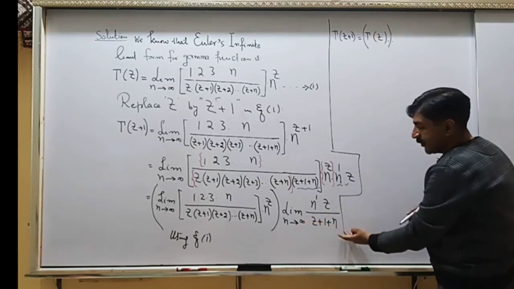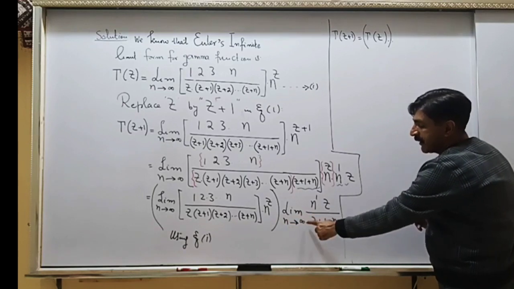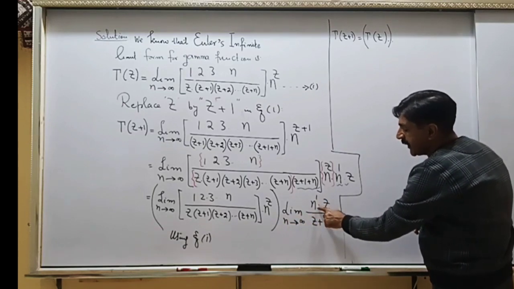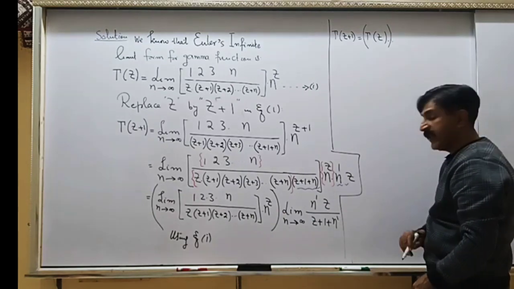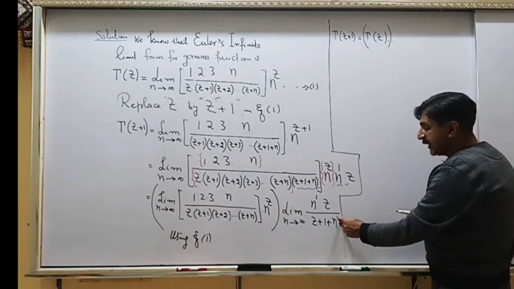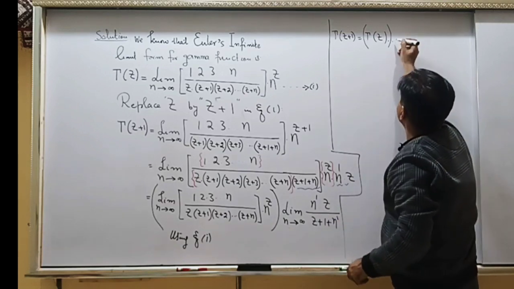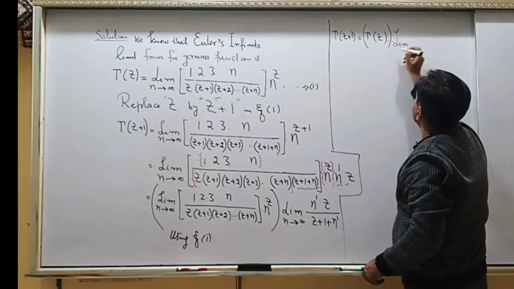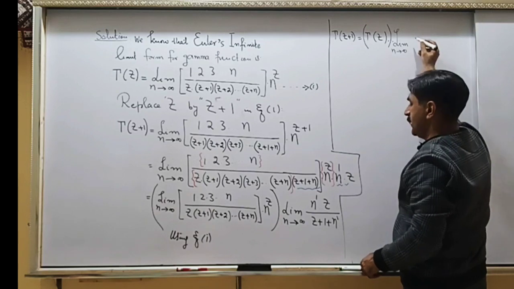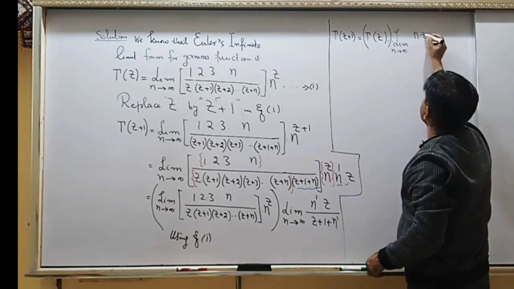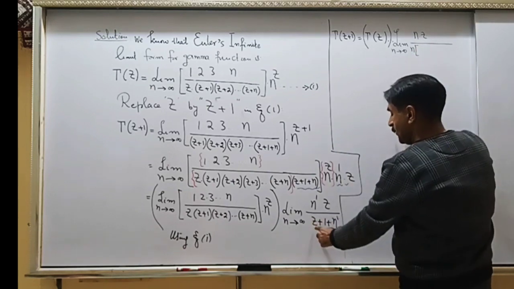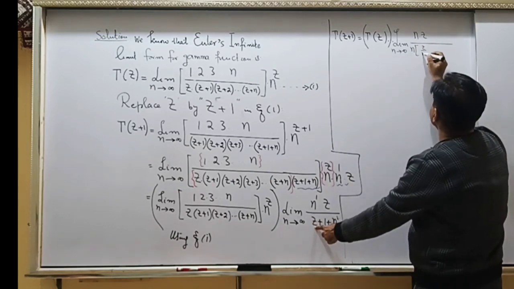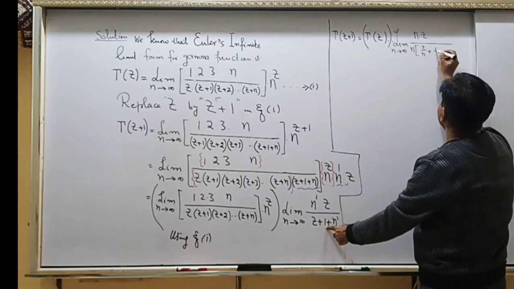And what about this? You need to evaluate this limit. Limit n approaches infinity, the highest power of n in the numerator is 1, and in the denominator the highest power of n is also 1. This n can be pulled out like this: limit n approaches infinity, n into z, and in the denominator n is taken out, and you have z by n plus 1 by n plus 1.